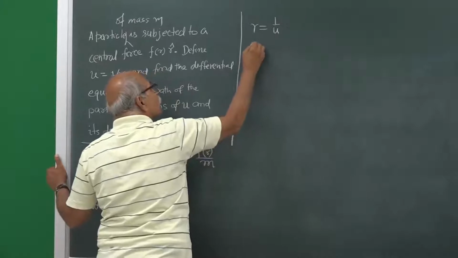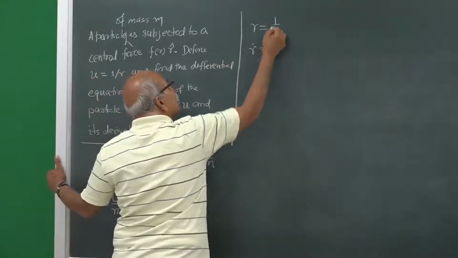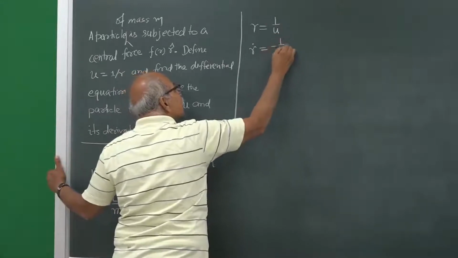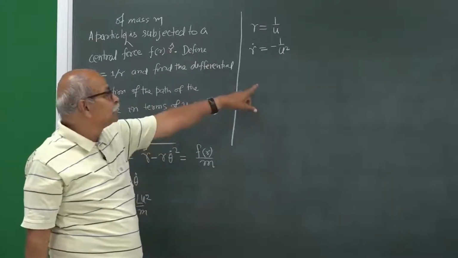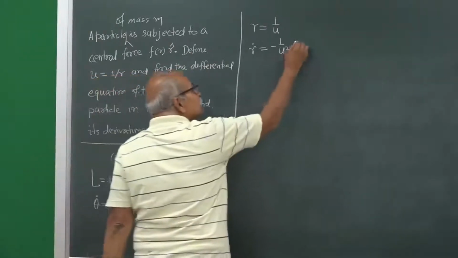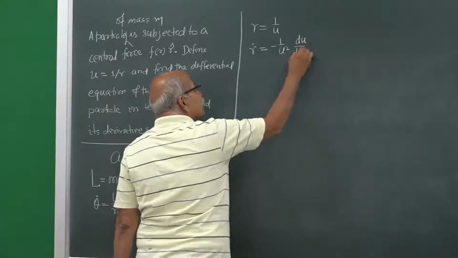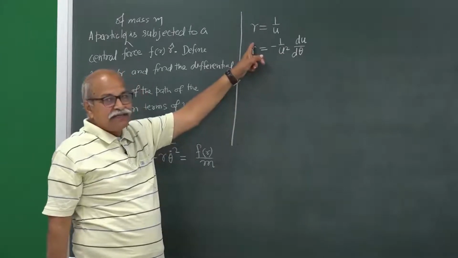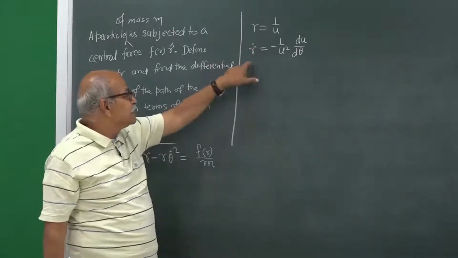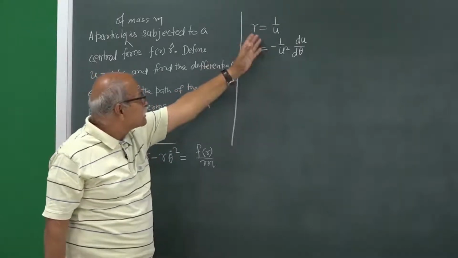So, r dot, dr dt, will be minus 1 by u square, that is differentiation with respect to u, and then du d theta, because u is a function of theta. So, du d theta, and then differentiation of theta with respect to time. Ultimately, this is dr dt. So, you have to differentiate with respect to time.